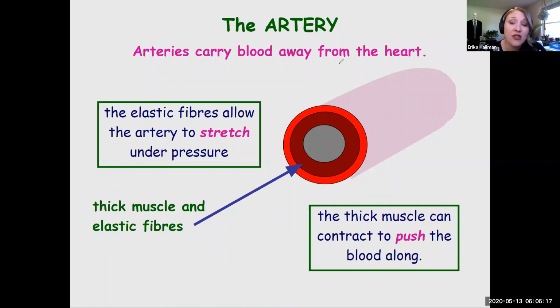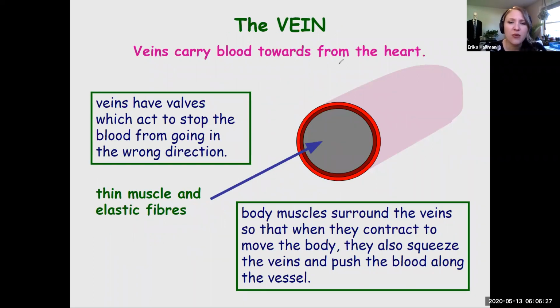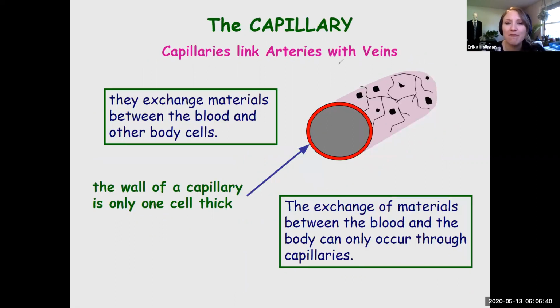And when you dissect hearts, you can actually feel the difference between the arteries and the veins. The arteries are much thicker and they're much more substantial. The vein, on the other hand, while it's still surrounded by the same type of tissue, is going to be a lot thinner. They're going to have a lot less elasticity, and they're going to have those valves that will prevent the two-way flow of blood.